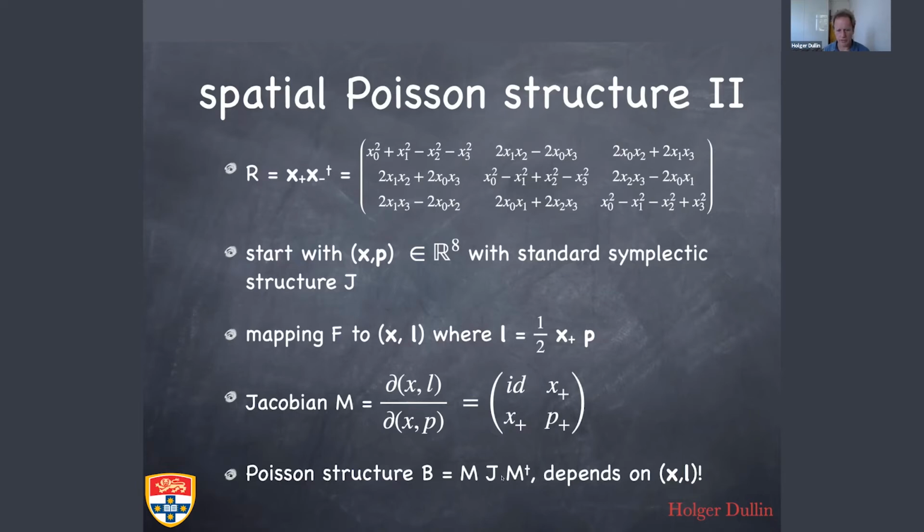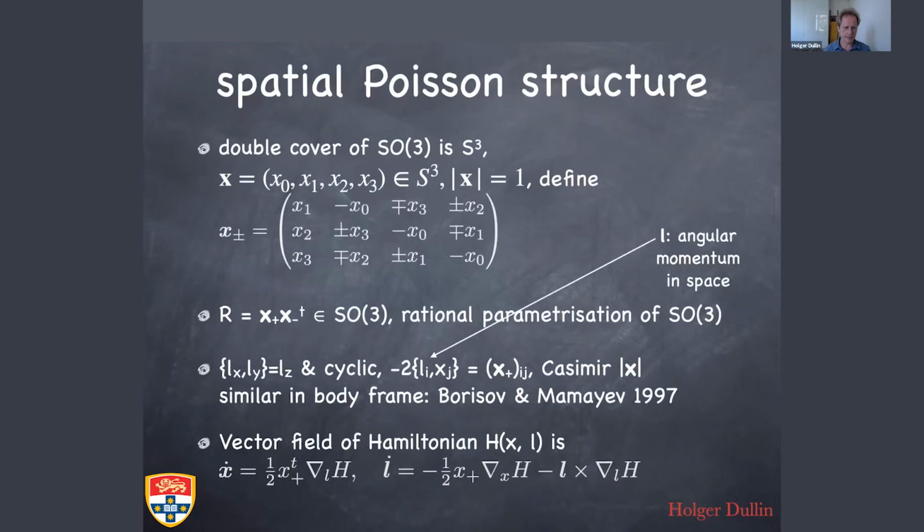And when you do that, you get a Poisson structure from the symplectic structure J. And the miracle is that this depends on x and L only. I mean, this in general would depend on p, but the terms combine in a nice way so that it only depends on L. Oh, and I think I forgot a half here. But anyway, it's a simple computation that leads to this Poisson structure. And with that Poisson structure, now you can write down the vector field of an arbitrary Hamiltonian. And here it is.